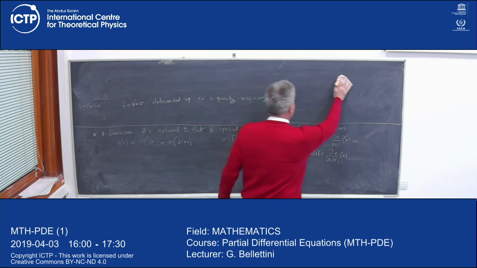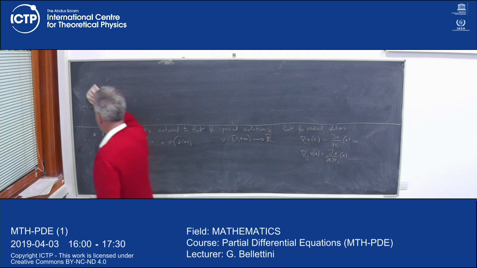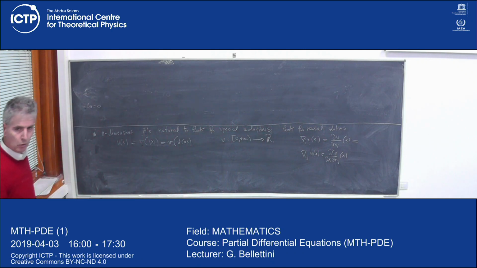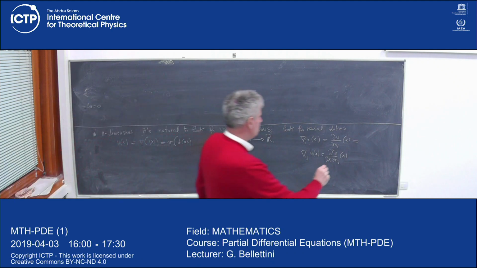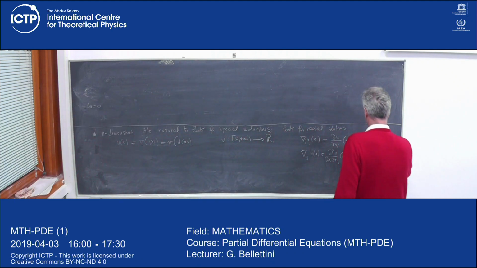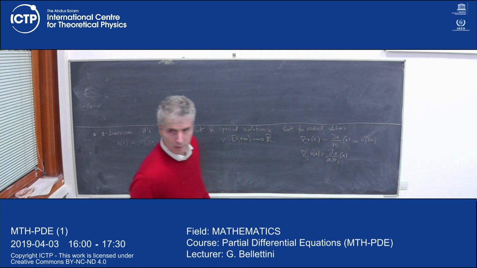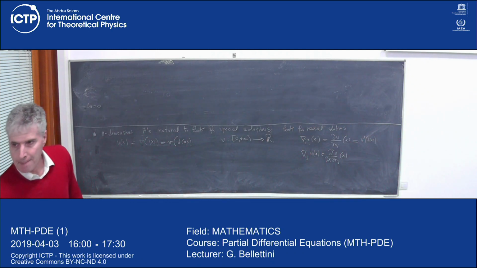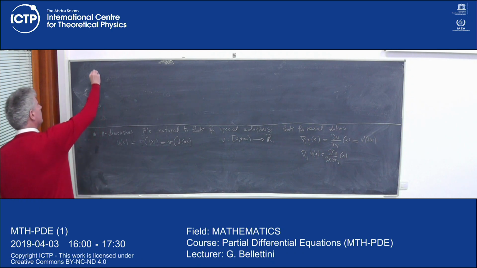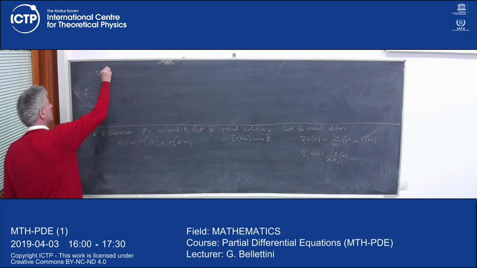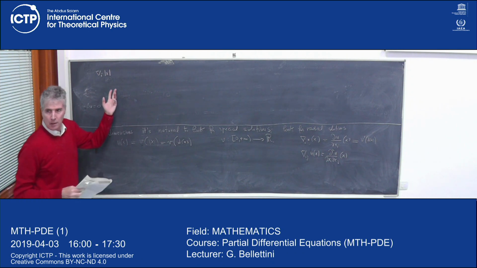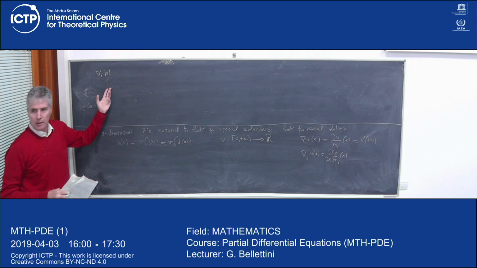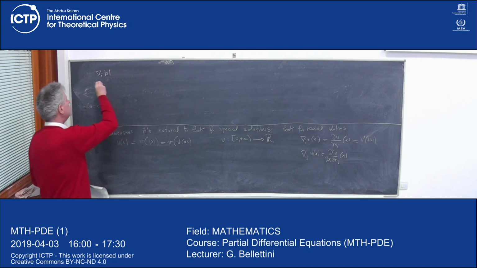So help me to compute this. V prime, exactly, of v of |x|, times xi over |x|. Exactly.